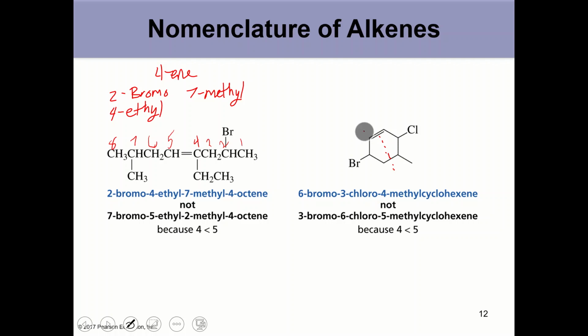So here I'm going to say carbon 1, carbon 2, carbon 3, carbon 4, carbon 5, carbon 6. That would give us 3-chloro, 4-methyl, and 6-bromo. So our name, if we write the substituents in alphabetical order, would be 6-bromo-3-chloro-4-methylcyclohexene.